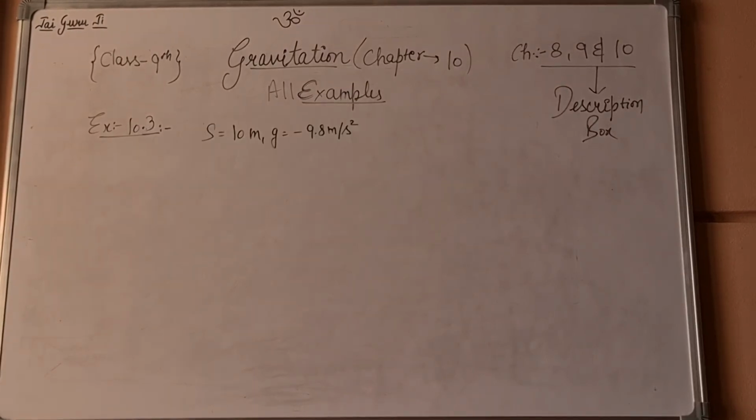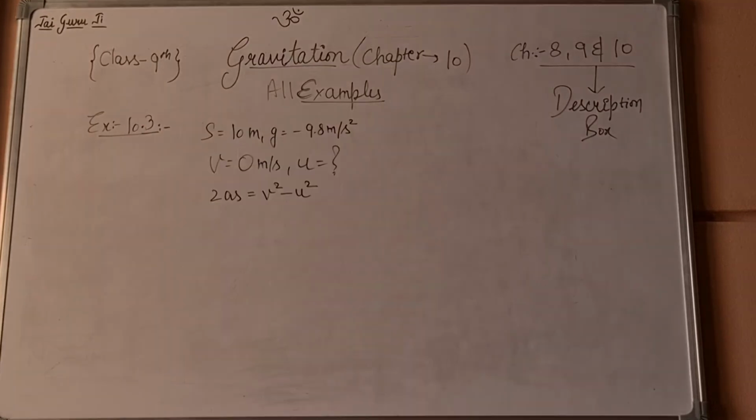Now the first part is calculate the velocity with which the object was thrown upwards. Means u is equal to question mark and v is 0, because at the final point the object is at rest. So at rest, the velocity is 0 meter per second.